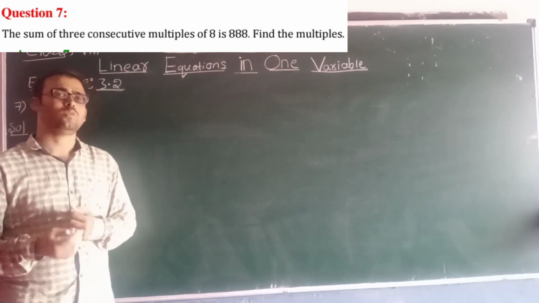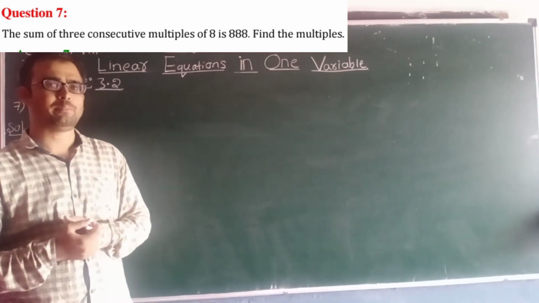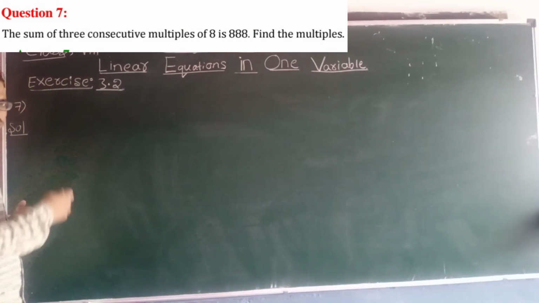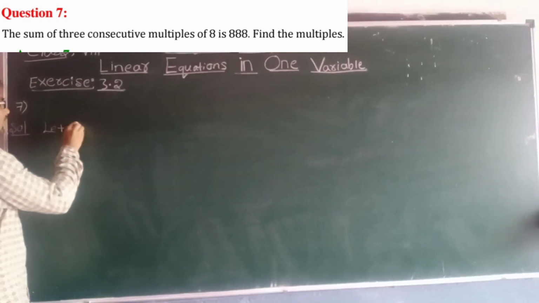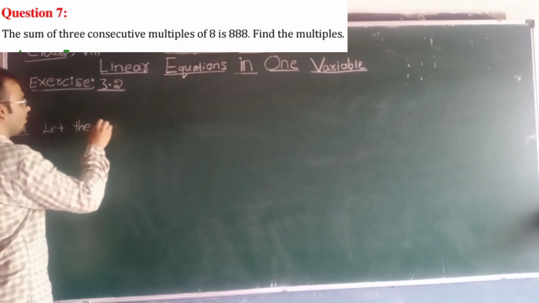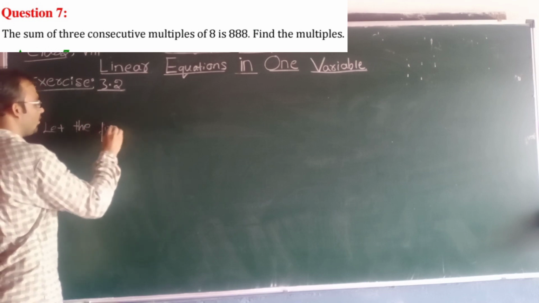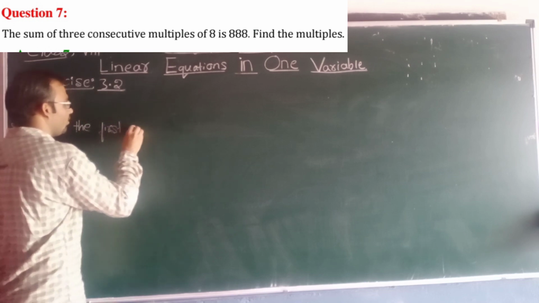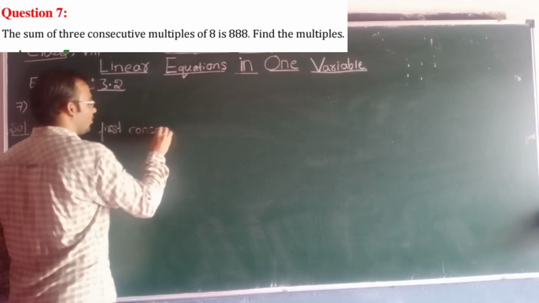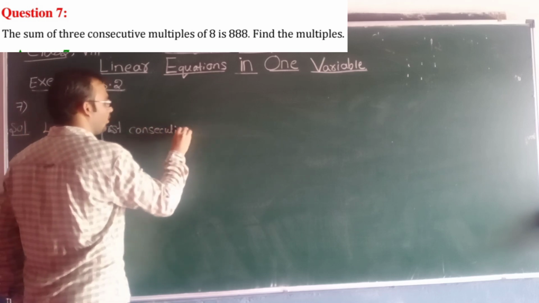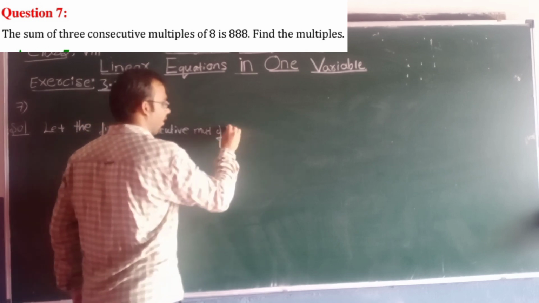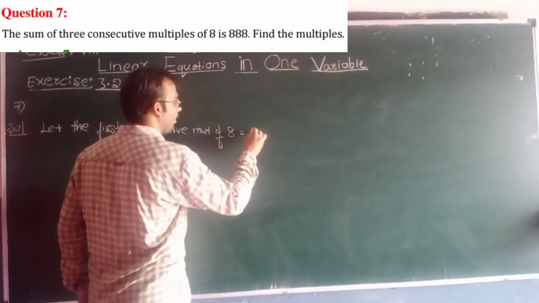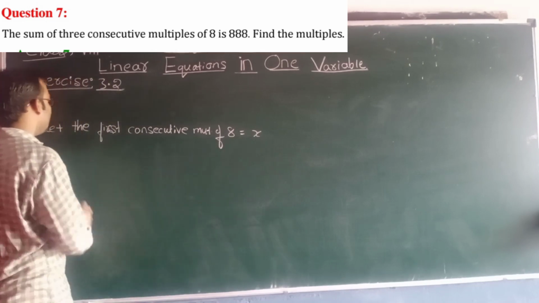Students, here we don't know what those consecutive multiples are. So let us take the first consecutive multiple to be x. Let the first consecutive multiple of 8 equal x.